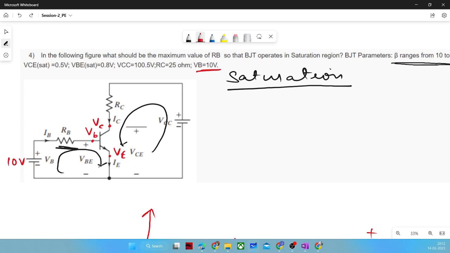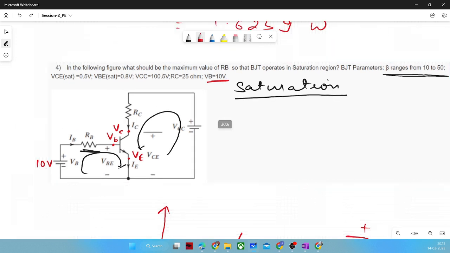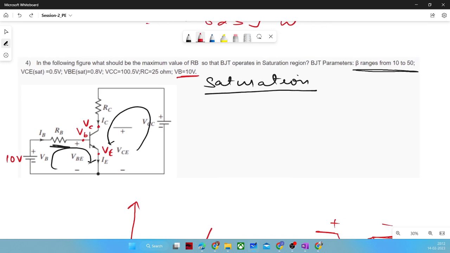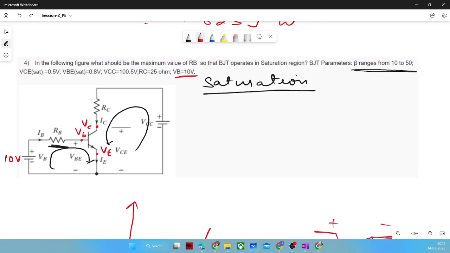Then we will be able to find IB, and further we can find out that resistance, and then we will apply that IC is equal to beta IB, but IC should be less than beta IB for the saturation region, and it should be less than the minimum value that we have to find, right? So if we solve it, it would be more clear, right?